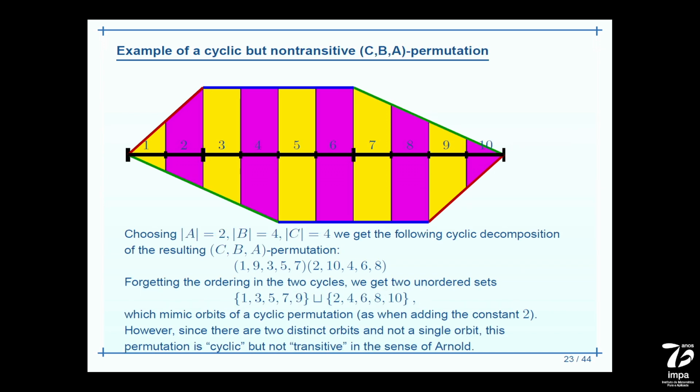OK, I change parameters. When segment A is of length 2, segment B of length 4, and segment C of length 4, I have this decomposition into cycles. For Arnold, this is a cyclic but non-transitive permutation. If you take these 2 cycles and consider them as an ordered set, it's the same as this decomposition, and this really mimics a cyclic permutation.